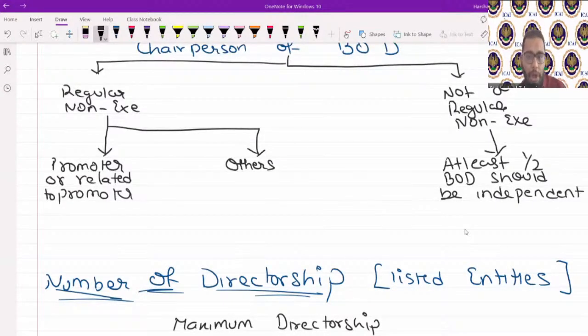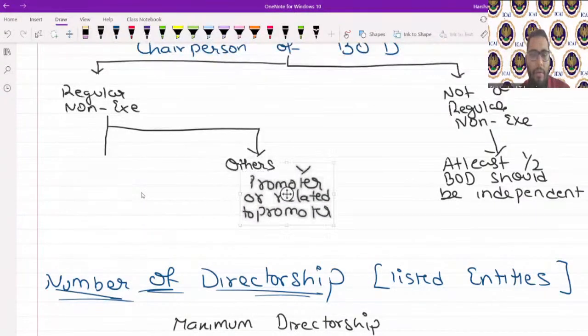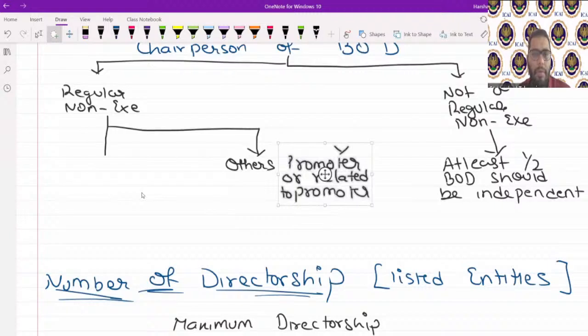If he is a regular non-executive director, then I'm required to check whether he's a promoter or not. If he's a promoter now or related to any promoter or person occupying management positions at the board level or at one level below the board level, then at least half of the board should consist of independent directors. So I'll do one thing. Take this, bring it to here.